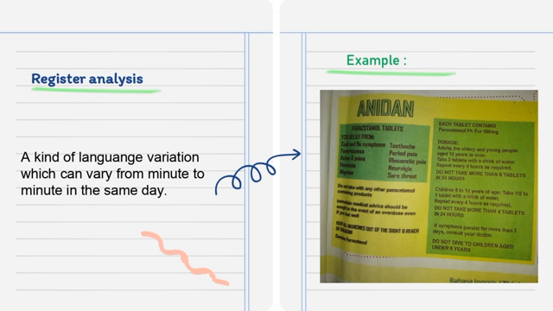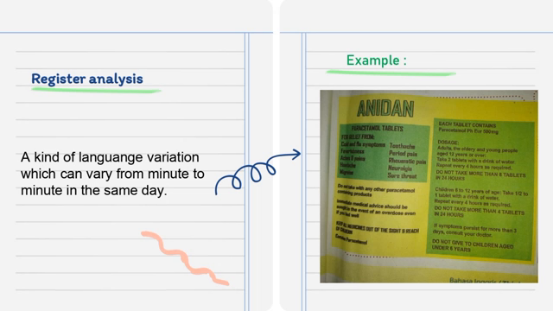It's about a medicine composition and how to use it. It's about paracetamol tablets. There's a variation of language in here, different from what we know in daily life, because it's purposely for pharmacy, for the medicine.